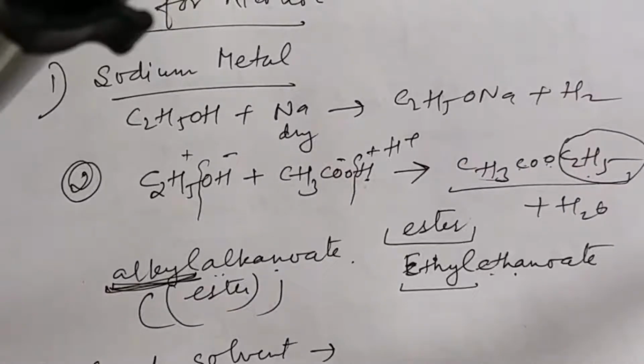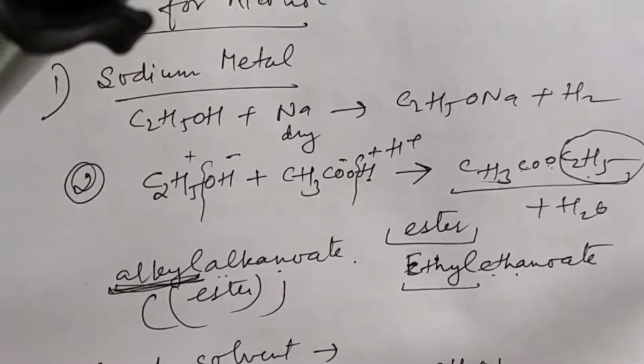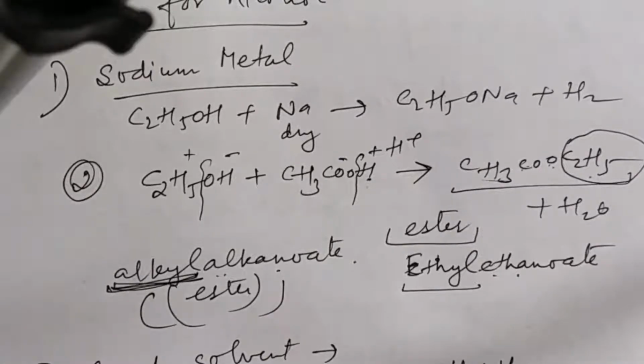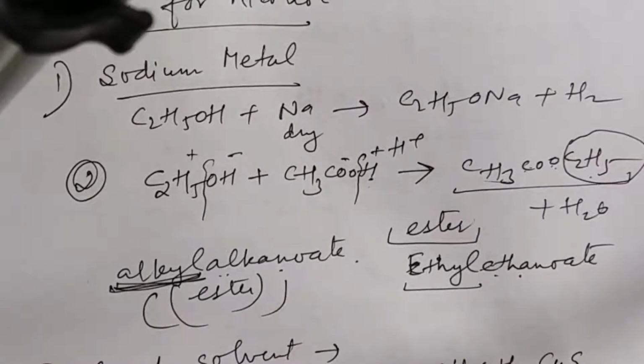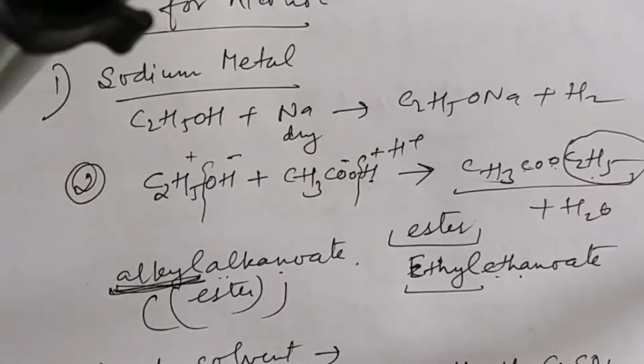Because to avoid the consumption of alcohol, methanol is added. Its nature is spoiled there, or sometimes copper sulfate is added to spoil the nature or denature the alcohol, which is ethanol. Okay.